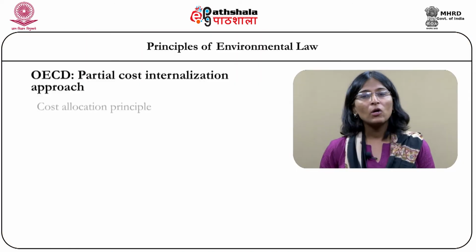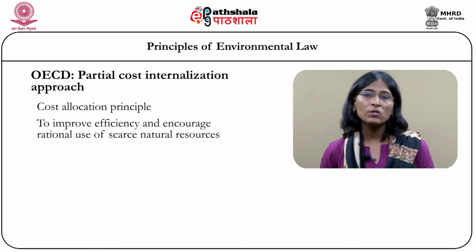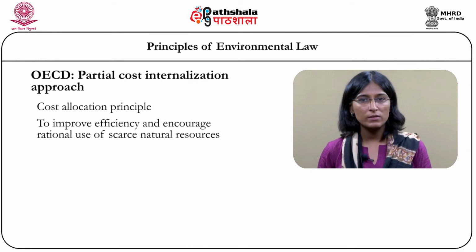It basically consists of two concepts. One is the cost allocation principle and the other is the non-subsidization principle. The cost allocation principle is based on improving efficiency and encouraging rational use of scarce natural resources.